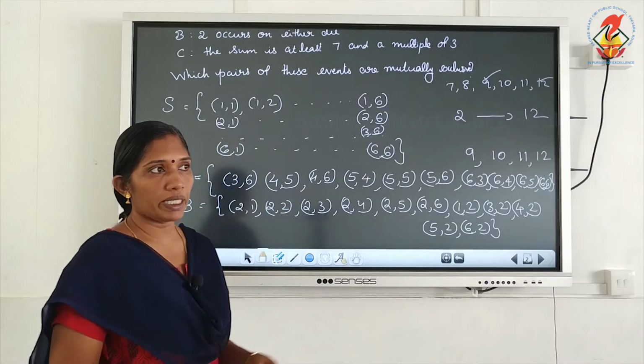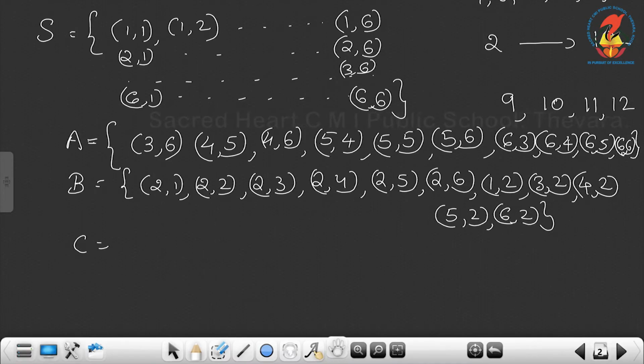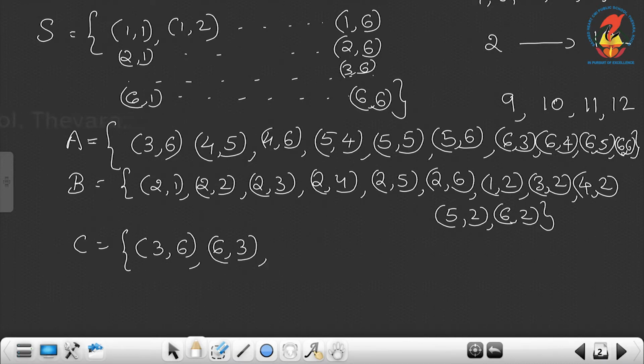So in which all pairs do we get sum 9 and 12? So how do we write C? The sum 9: we can write (3,6), 9 is a multiple of 3. (6,3) also we can write. Okay. Then (4,5), sum is 9. (5,4).